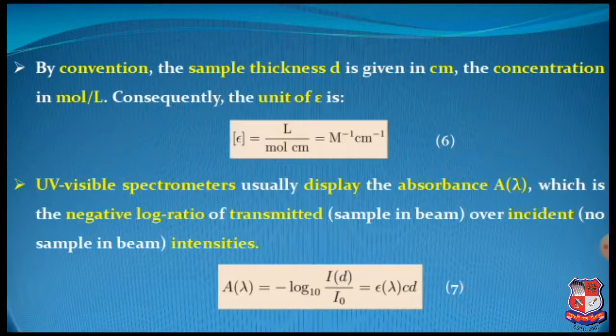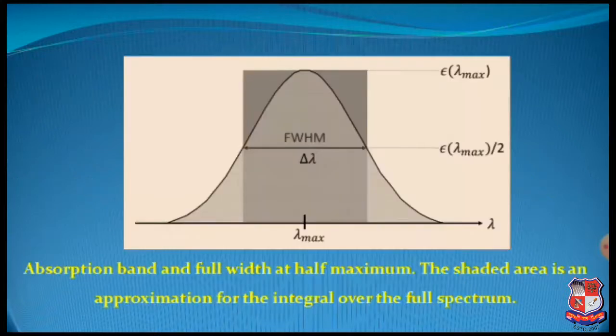So the absorption can be identified using the equation negative log base 10 of I(d) upon I0, that is equal to epsilon lambda c d. That is equation number 7.